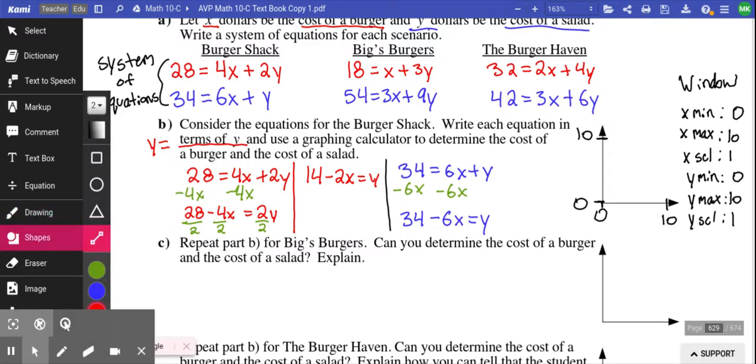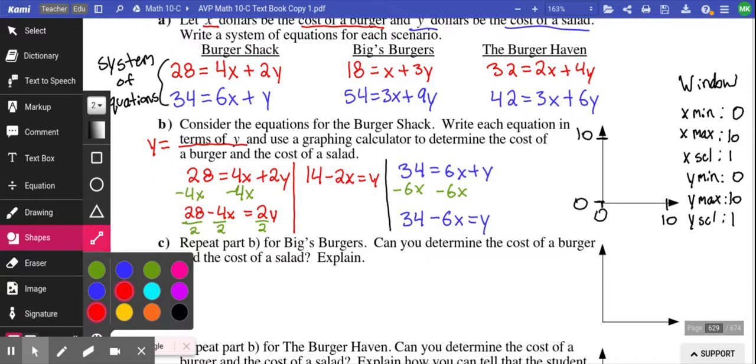Okay, when I graph this, my first equation, which is my red equation, looks somewhat like this. And my second equation, if I graph it, looks somewhat like this. Awesome. Now, ideally, you would want to be able to see the x-intercepts and the y-intercepts. I can see the x-intercepts right now, where those two lines cross the x-axis.